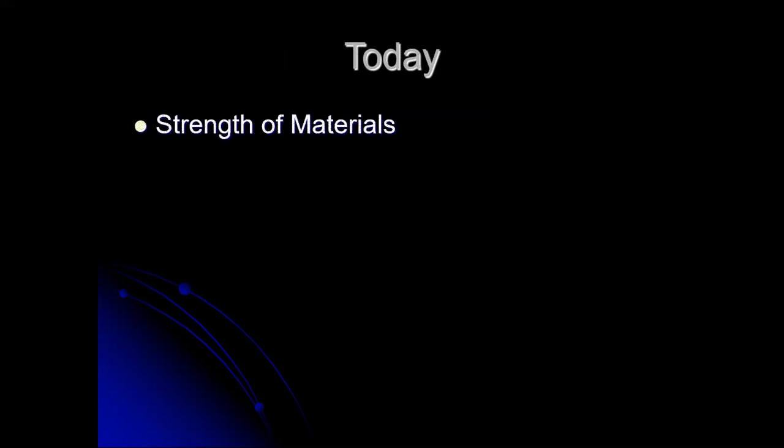So tonight we're taking a look at the strength of materials. We're going to learn about what the critical properties are that are documented for each of the different materials out there, and I'll introduce you to some of the different resources that you can use to find material properties.